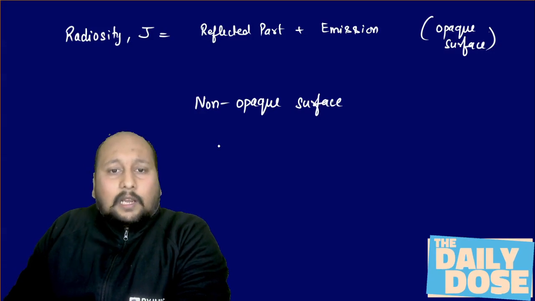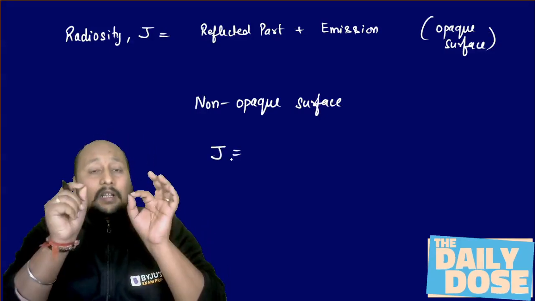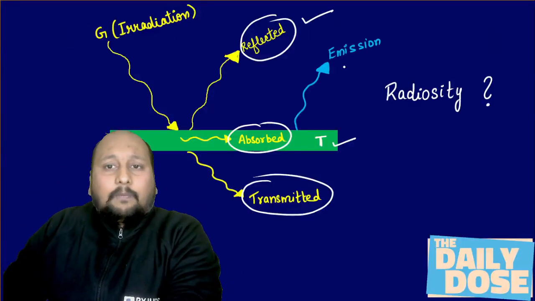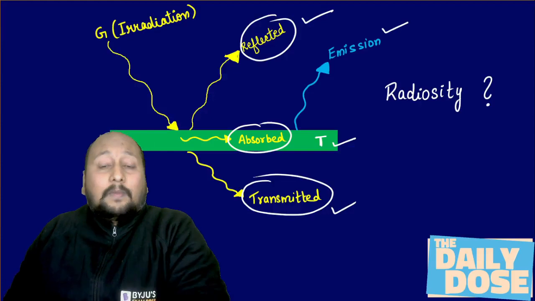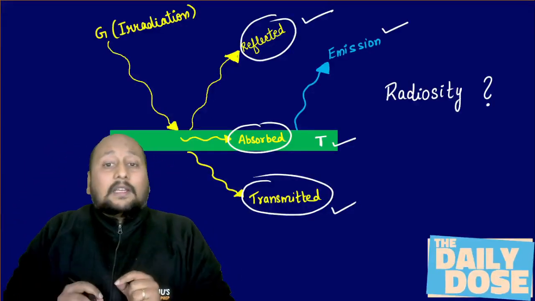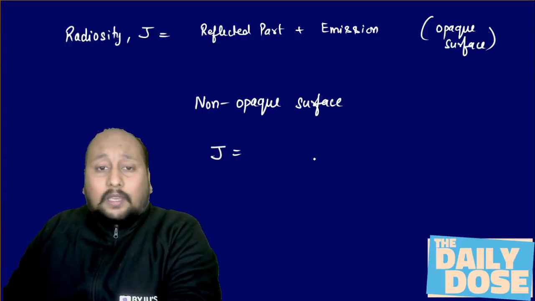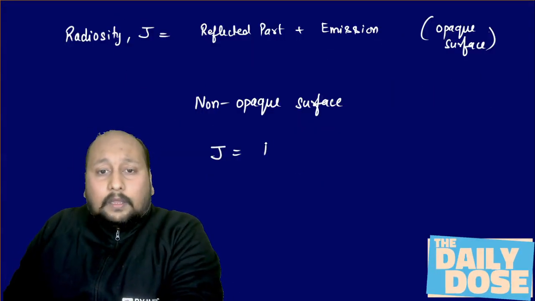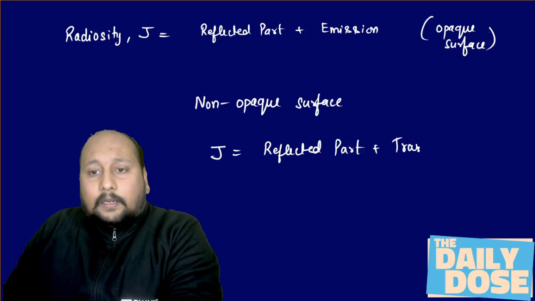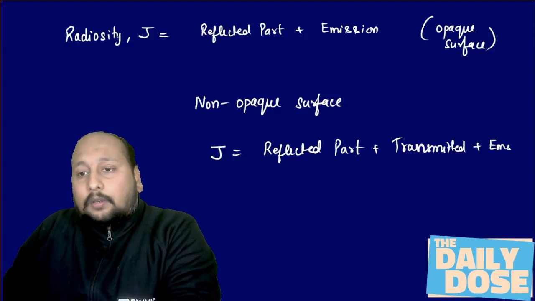There, if I want to calculate the radiosity, meaning the total emission which is leaving the surface, in this case the reflected part, the emission part, and the transmitted part, all three energies are leaving the surface or leaving this particular plate. So I can simply say this is equal to the reflected part plus the transmitted part and your emitted part or emission, right?